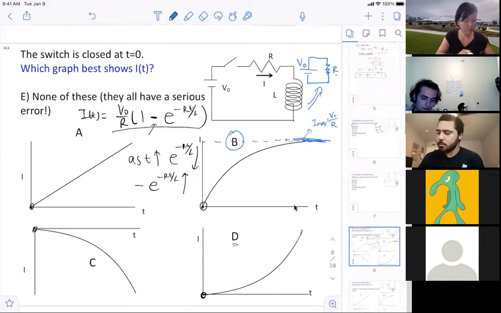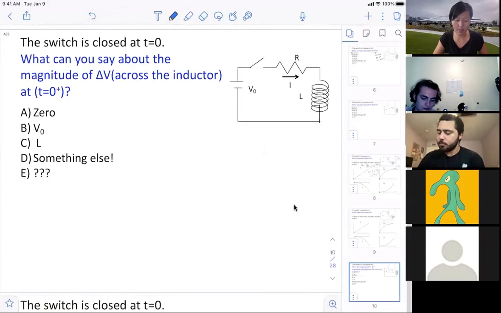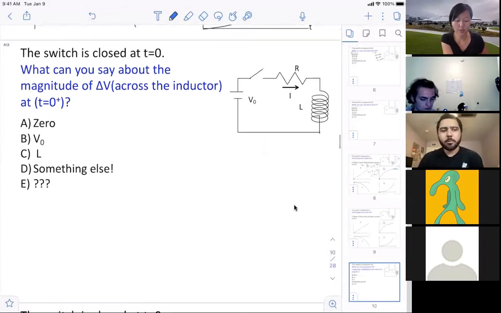Terrific, very good. Okay, so one more question. It's asking about the delta V across the inductor. This is also an initial condition, an initial condition about the voltage instead of current. What can you say about the delta V across the inductor right after you close the switch?